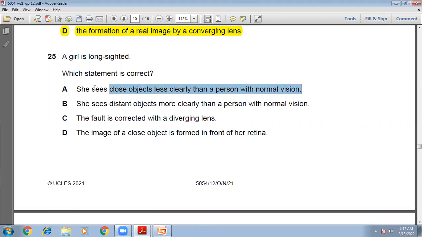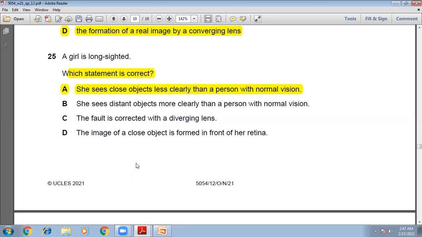That is the right statement. She sees distant objects more clearly than a person with normal vision? That is not right. She sees the distant objects clearly, but you cannot say more than a person with normal vision.